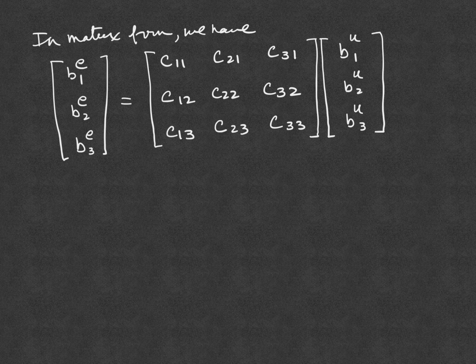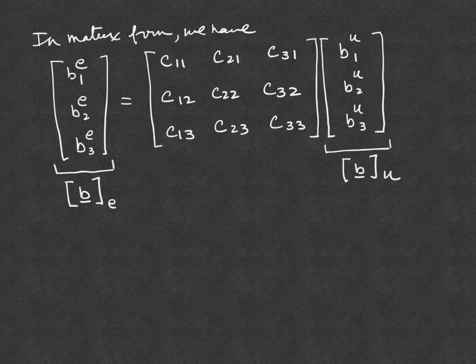If you look at this expression, you'll see that on the left-hand side, this quantity is the vector b expressed in the basis e. On the right-hand side, all the way off to the right, this column matrix is the vector b expressed in the basis u.